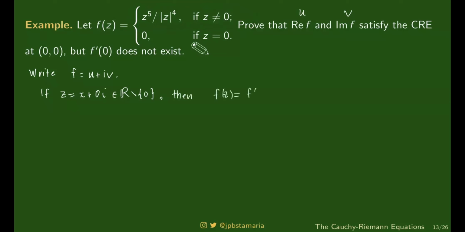Our f of z becomes f of x only, and y is 0. So this becomes x to the fifth over absolute x to the fourth. But x is real, so absolute x to the fourth is just x to the fourth.